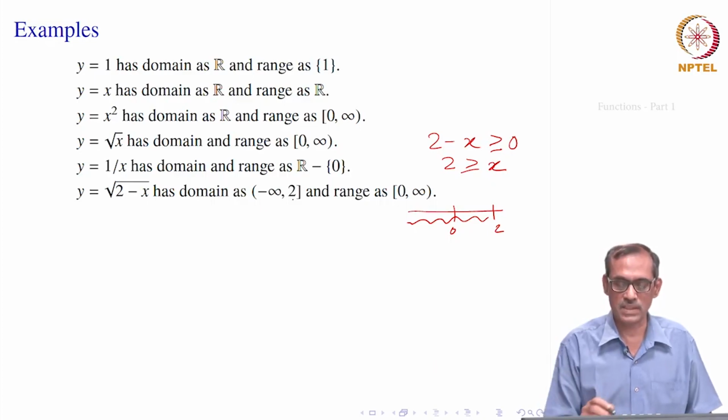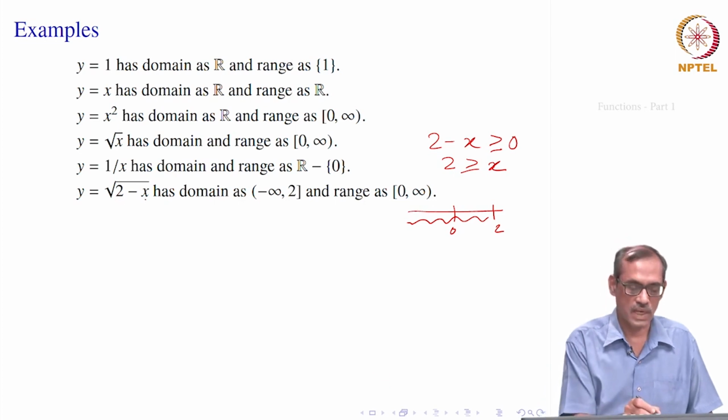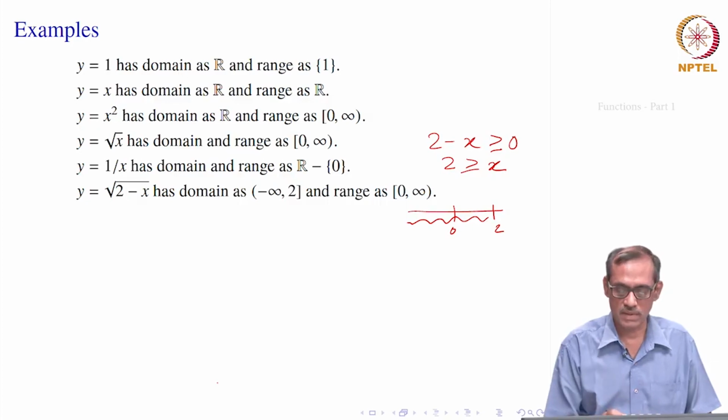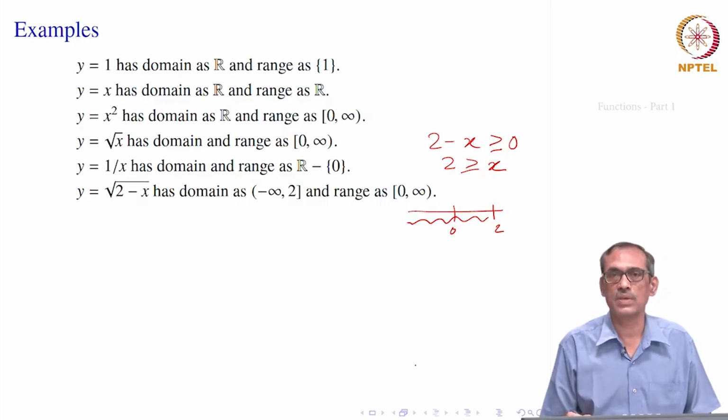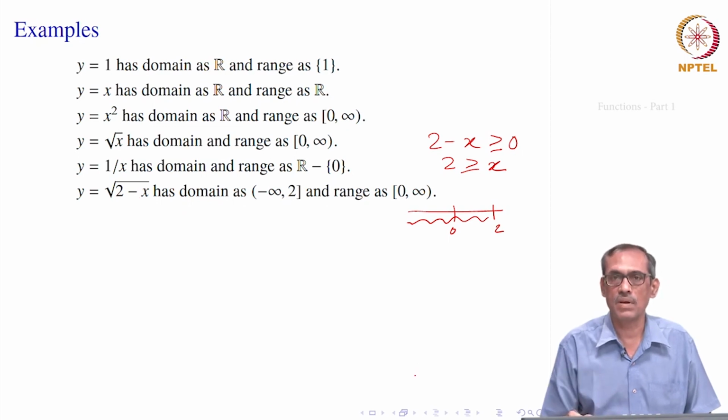So, that means it is minus infinity to 2, that is the domain, and its range, of course, being a square root, has to be non-negative. So, the range is 0 to infinity, 0 possibly included. It is exactly equal to 0, because at x equal to 2 you will also get 0. That is the only point where it is 0.